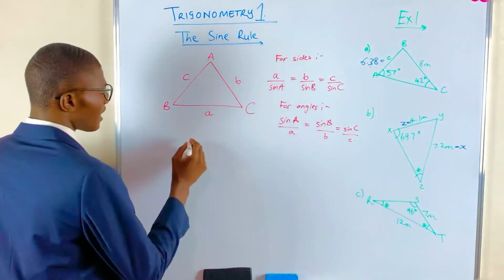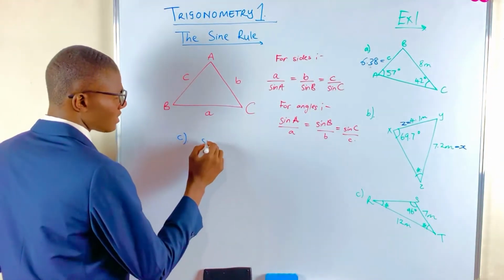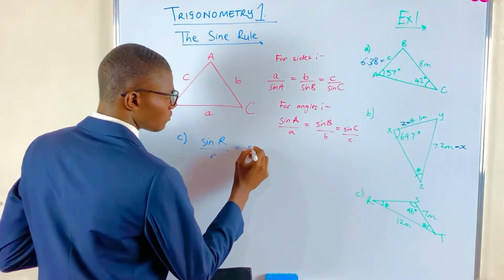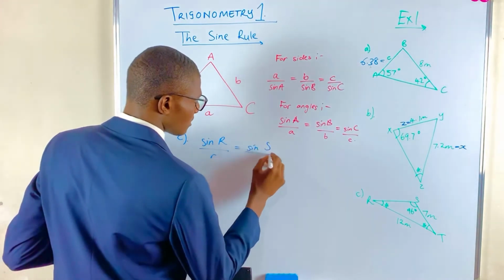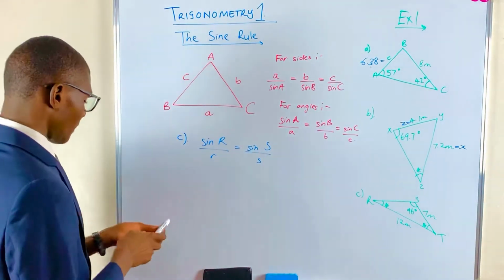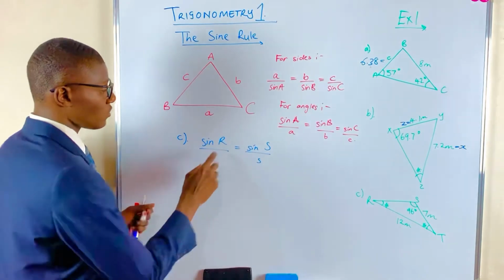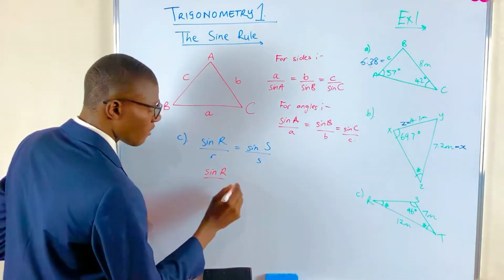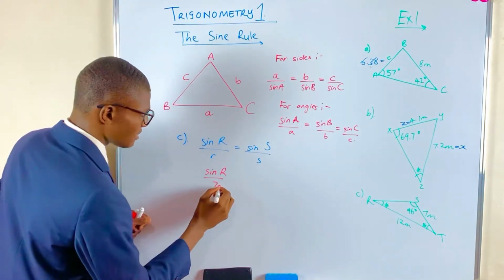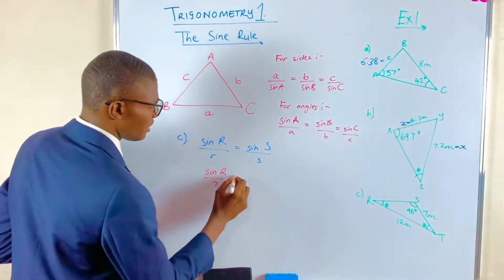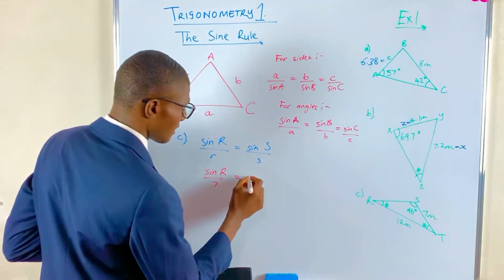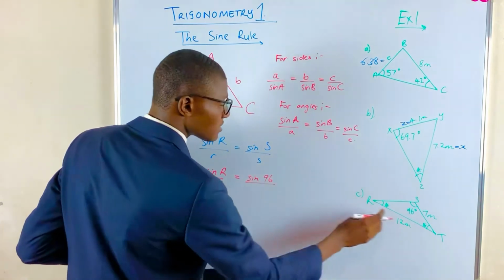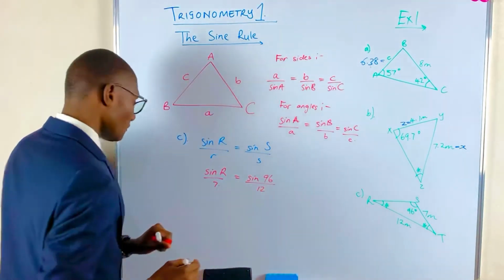For part C, we are saying sine of R over R should be equal to sine of S over S. So this is what we want to find. Sine of R over the side R being 7 meters should be equal to sine S, where we know that the angle S is 96 degrees, over the side S, which is 12.